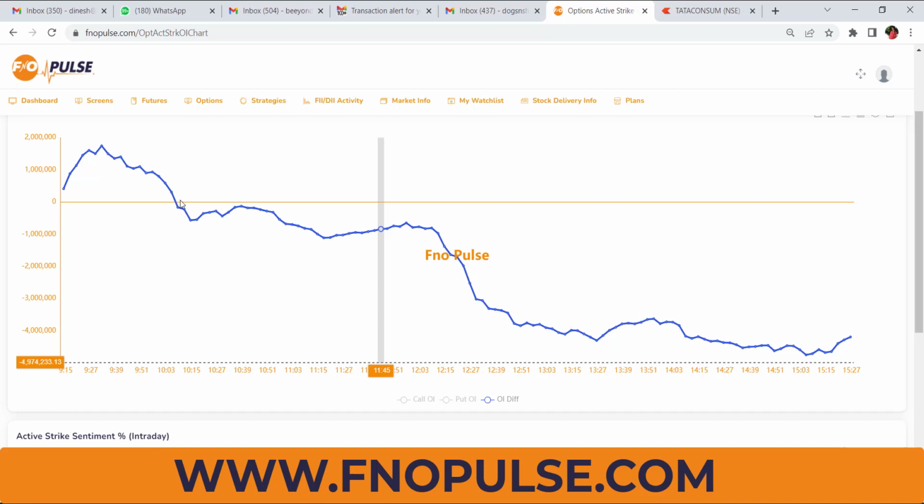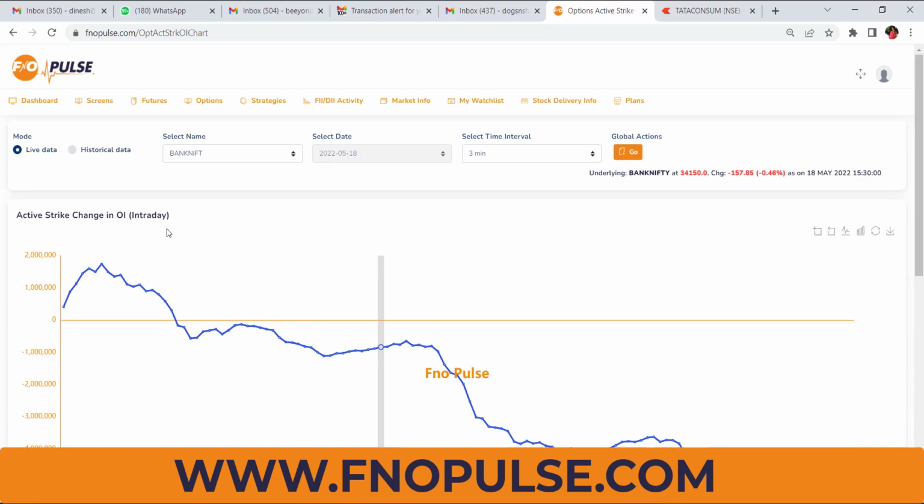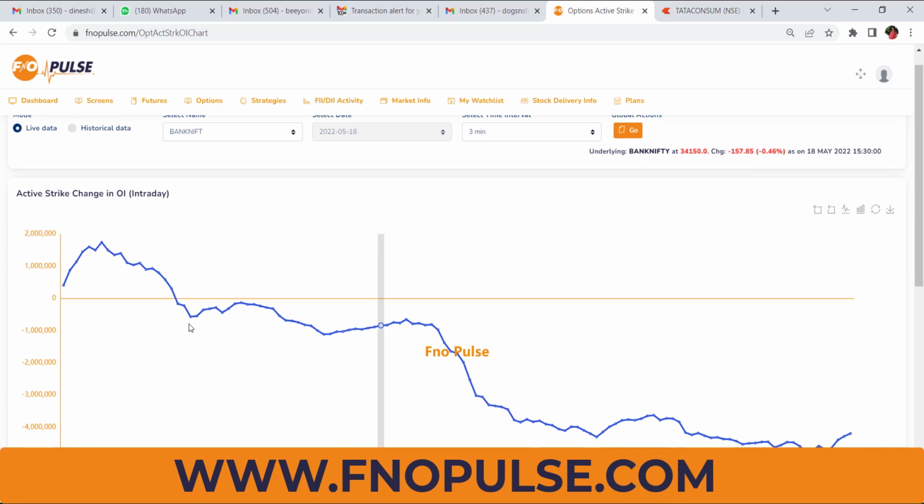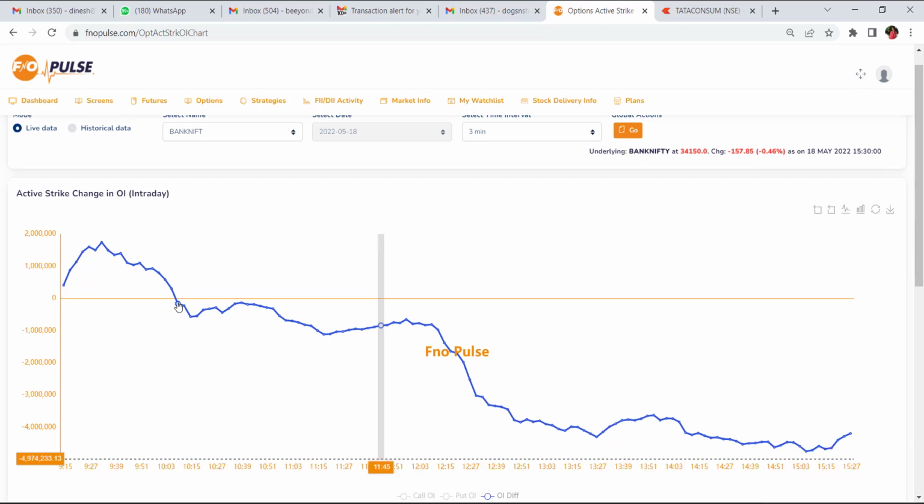When it started touching this bullish line, in 3 minute candles, the graph is drawing 3 minutes. Yes, when it touched zero, definitely the market is going in a downside direction, and definitely it will go further down. So in the morning around 10:40 it got narrow, and suddenly started moving downside.